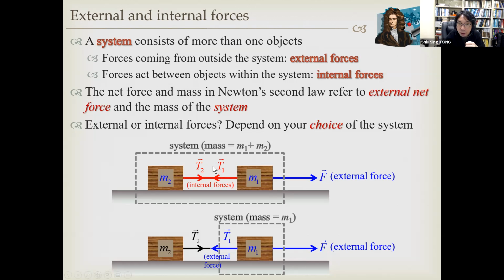So the tension forces T1 and T2 are internal forces, and the force F, which acts from outside the system, is the external force.